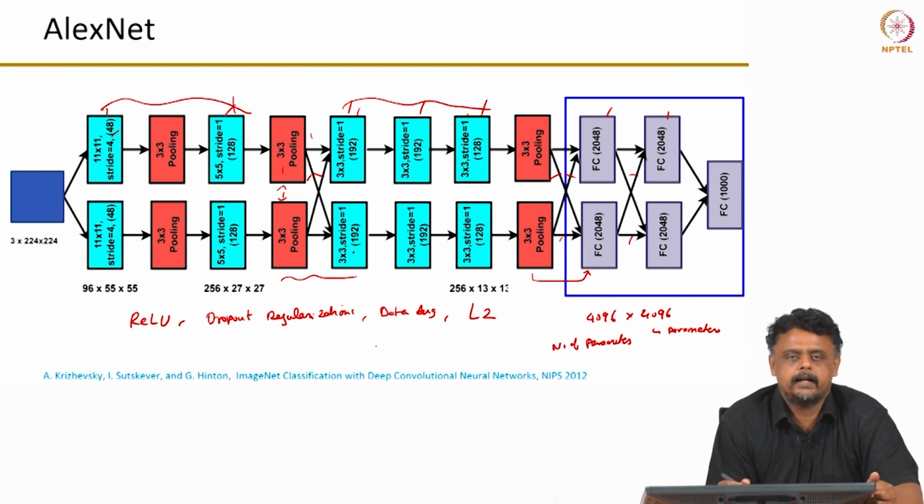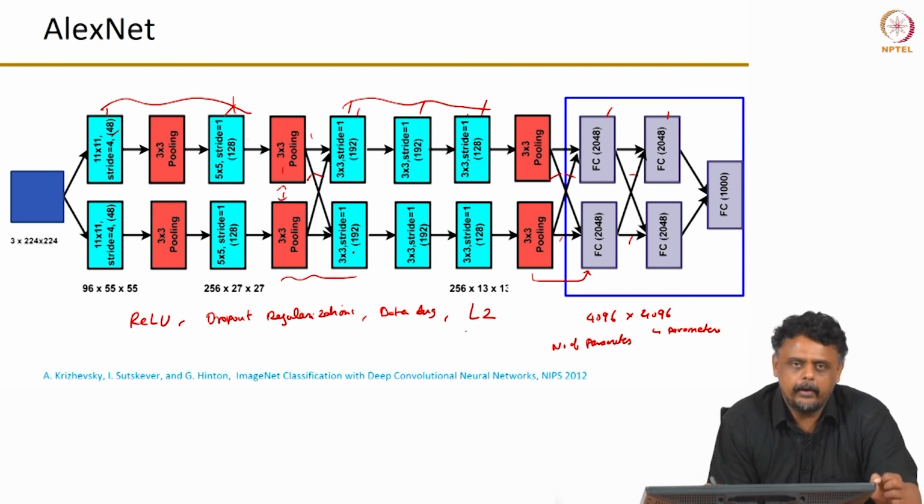So, basically the fully connected layers contributed to most of the parameters. The design principle was to use multiple size filters, 11 cross 11, 5 cross 5, 3 cross 3, and the number of feature maps increased as you go deeper into the network.